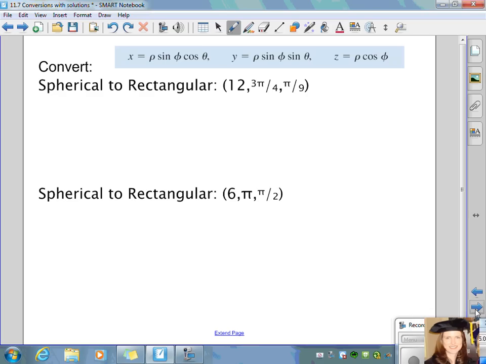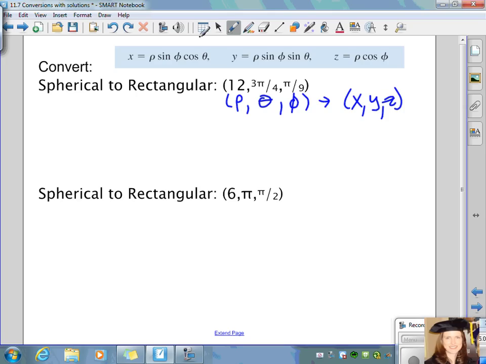Okay, again, we're converting points that are represented in the spherical coordinate system, and we want to convert it to the rectangular system. When we're given the points in spherical, the points are given as rho, comma, theta, comma, phi, and we want to convert it to x, comma, y, comma, z.